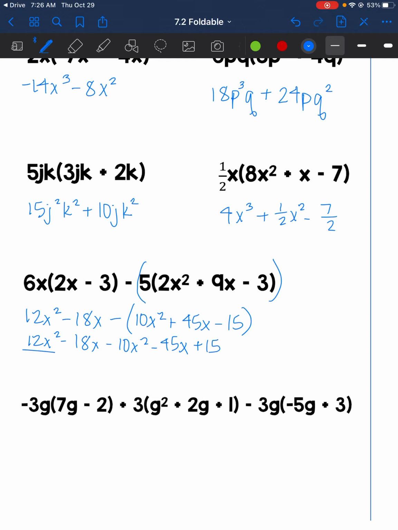Combining like terms, it looks like we have 12x squared and negative 10x squared, which is 2x squared. Negative 18x and negative 45x, that will be, let's see, 45, 55, 63, minus 63x plus 15.